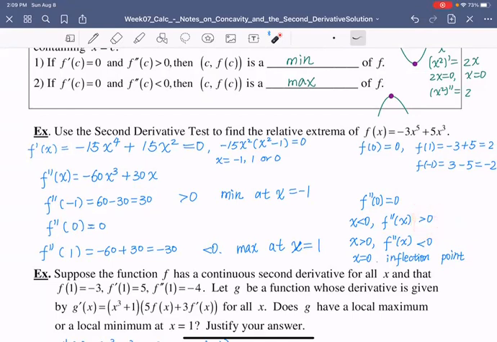Yes. When x is bigger than 0, your double prime is less than 0. So your second derivative changes the sign at this position. So x equals 0 is called the inflection point. Make sense? Okay.